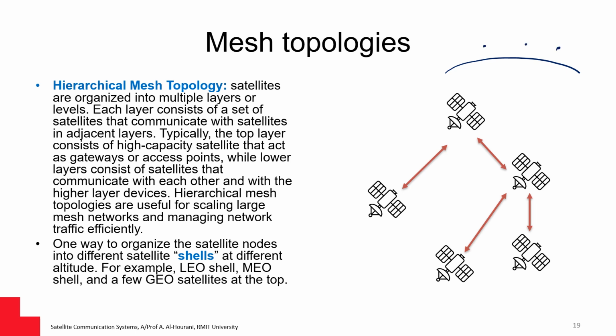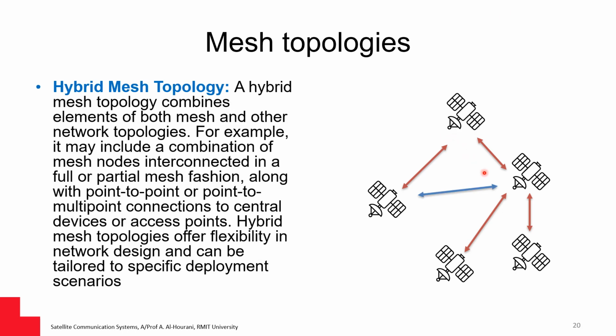What you will have here is a MEO network, so multiple LEO satellites will be connected to a single MEO satellite. And you will find that multiple MEO satellites are connected to the GEO satellite. So we call this a hierarchical mesh topology. For better efficiency, you can allow interconnections between satellites at the same hierarchical layer. This is called, in this case, a hybrid mesh topology.